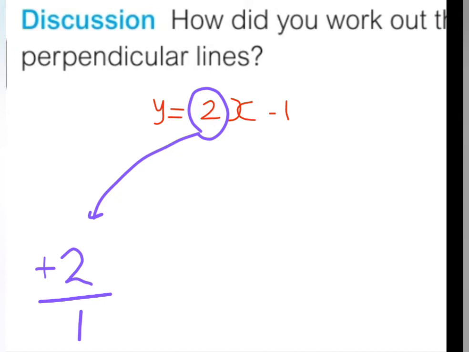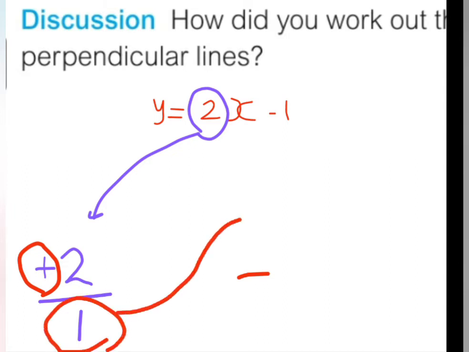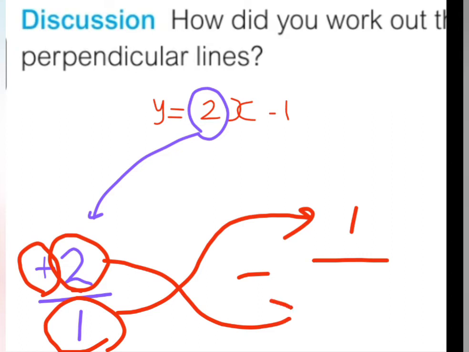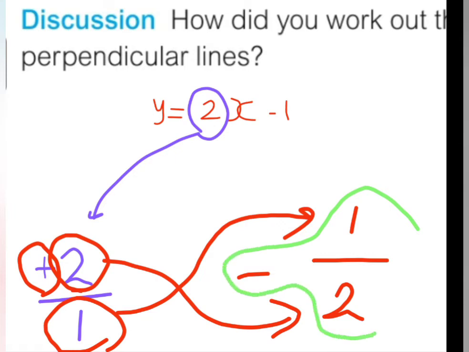I want to change this into a gradient of a line that is perpendicular to this one. The first thing I do, because it's plus, I will write minus. That's the first step. And then I will take the number below and put it on top, it's going to be 1. I'll make a fraction. I'll take the number on top and put it below. So the answer will be -1/2. This is the answer.